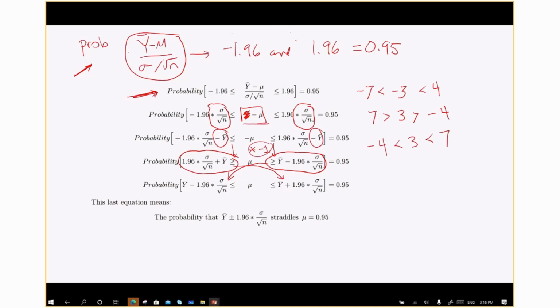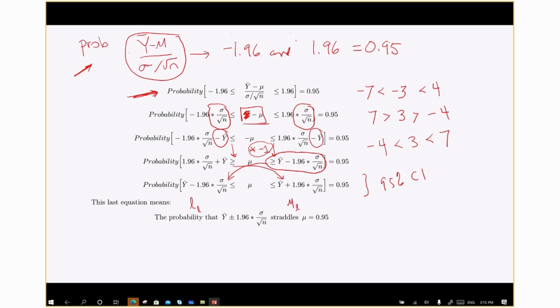So that's effectively what I've done here. This is where we want to be, because this is our 95% confidence interval. This is the lower limit, and this is the upper limit of a 95% confidence interval.